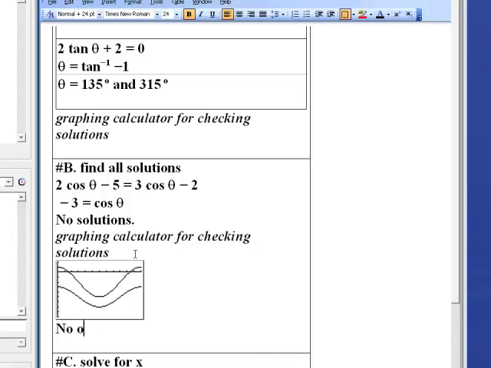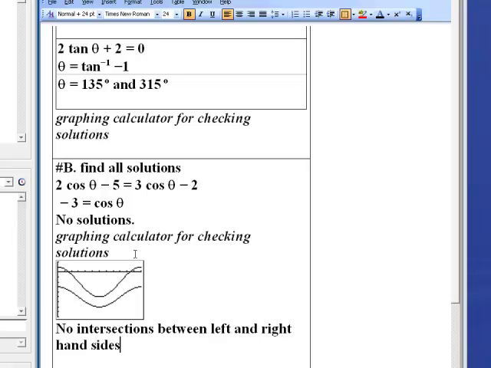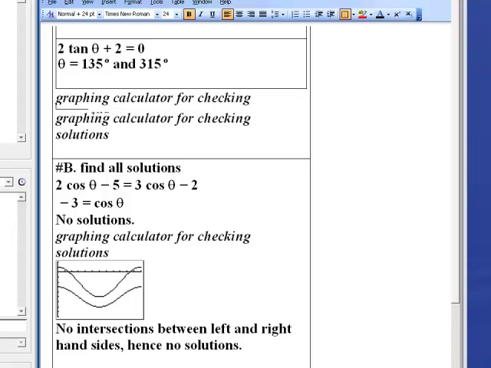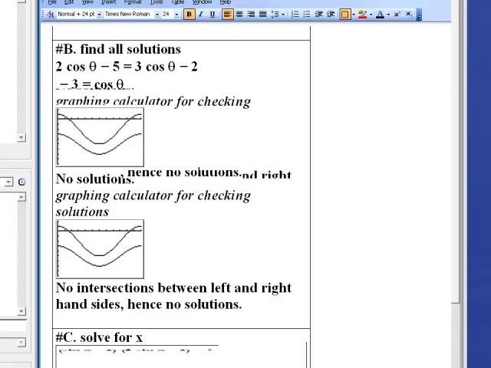So no intersections between left and right-hand sides, hence no solutions. Okay. Next problem.